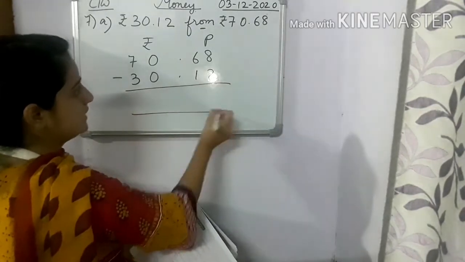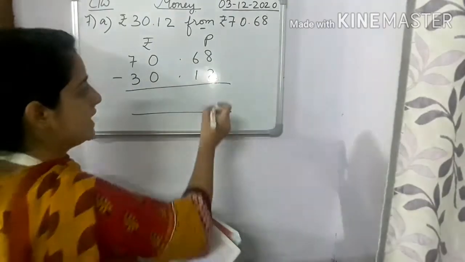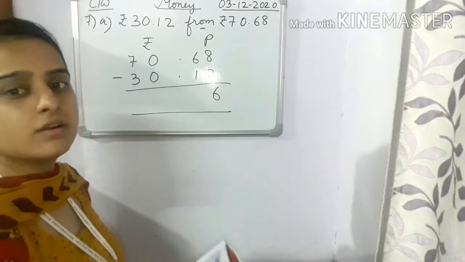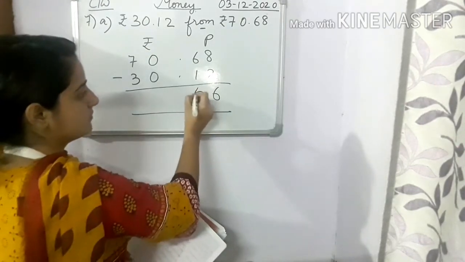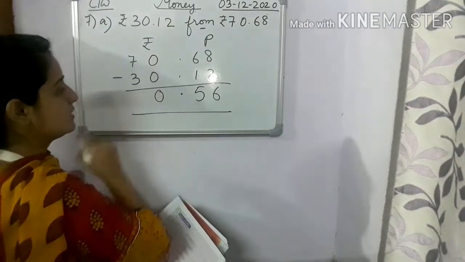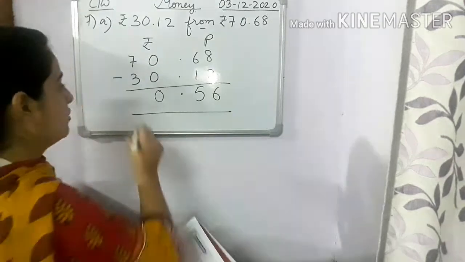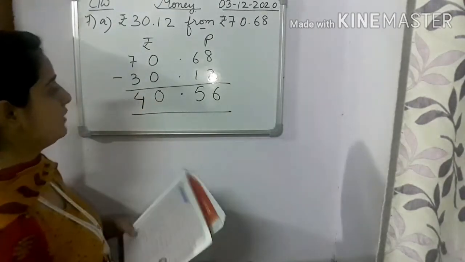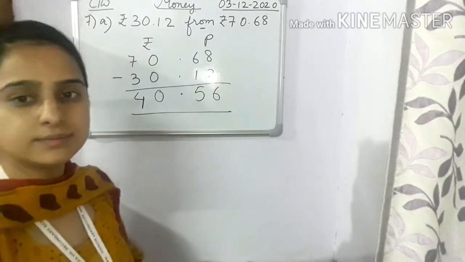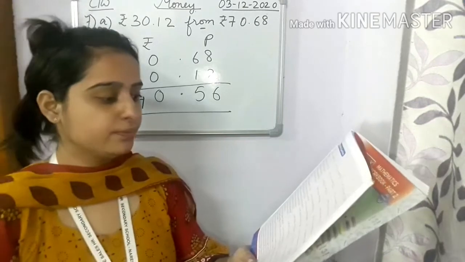Let's subtract this. 8 minus 2 is 6. 6 minus 1 is 5. Very good. Then dot. 0 minus 0 is 0. 7 minus 3 is 4. So here we get rupees 40 and 56 paisa. Clear?